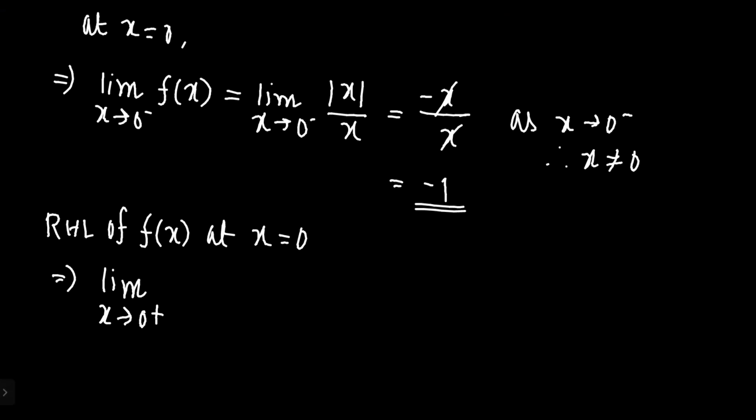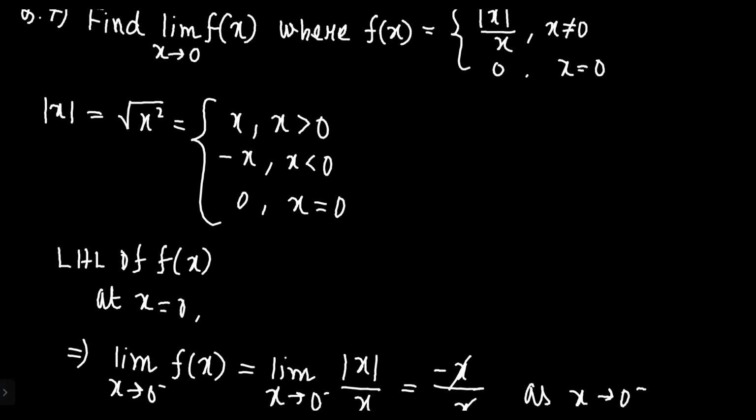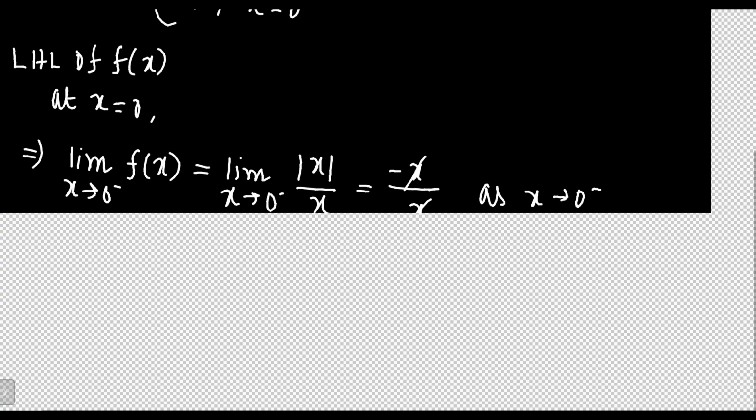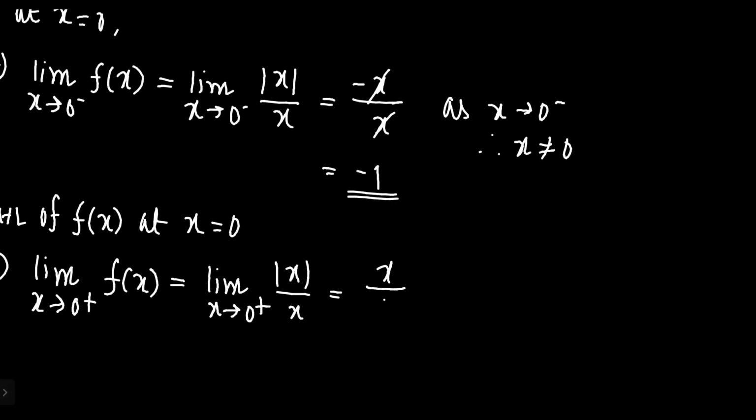That is limit x tends to 0 plus of f(x), that is limit x tends to 0 plus of mod x by x. Now limit x tends to 0 plus means x is greater than 0. So when x is greater than 0, what is the value of mod x? This is x. Okay, so x by x. Now here also x is tending towards 0 plus, therefore x is not equal to 0, so we can cancel out x and it is equal to 1.